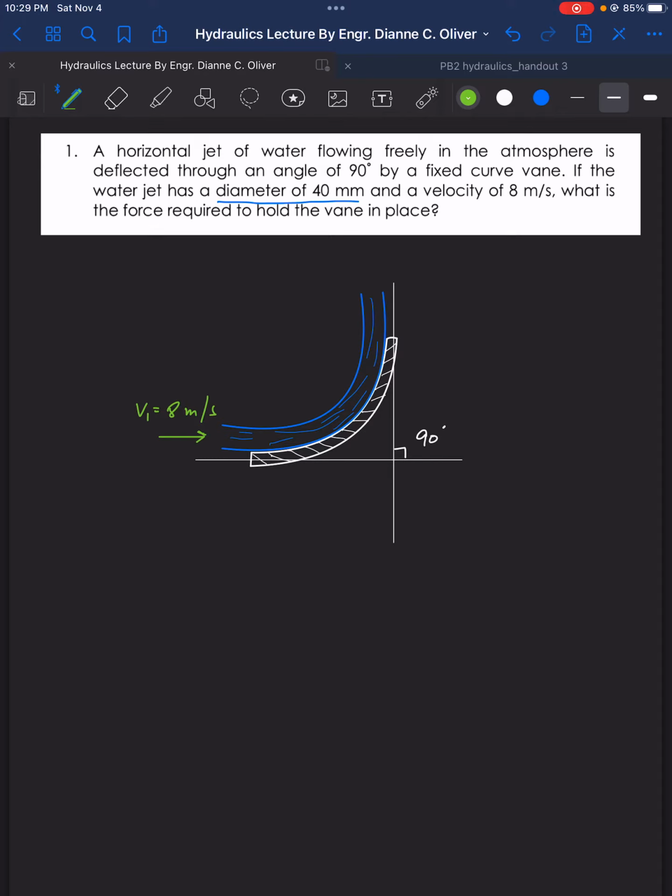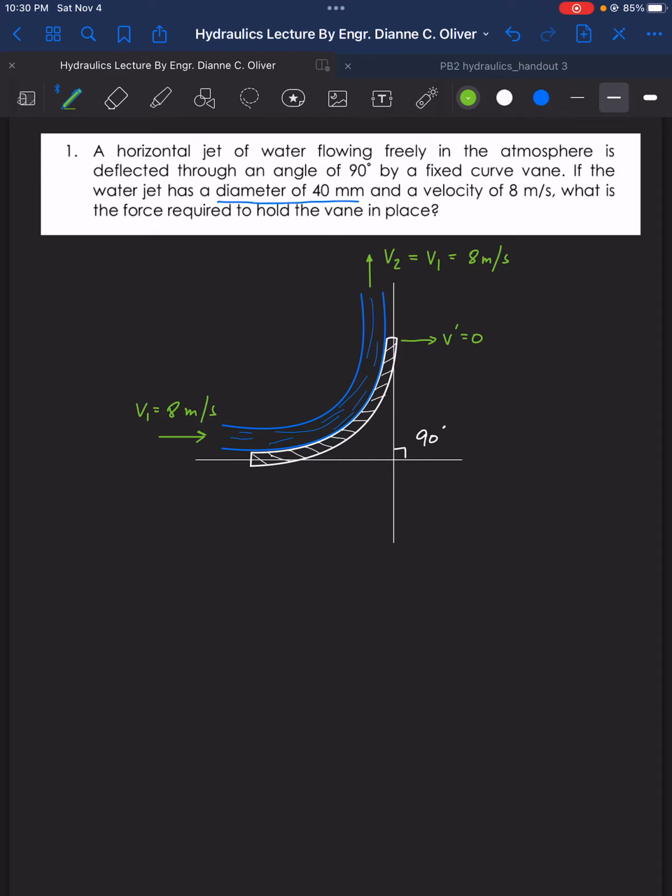And since this is a fixed curved vane with V prime equals 0, our V2, which is directed upward 90 degrees, is similar to V1, and that is 8 meters per second.